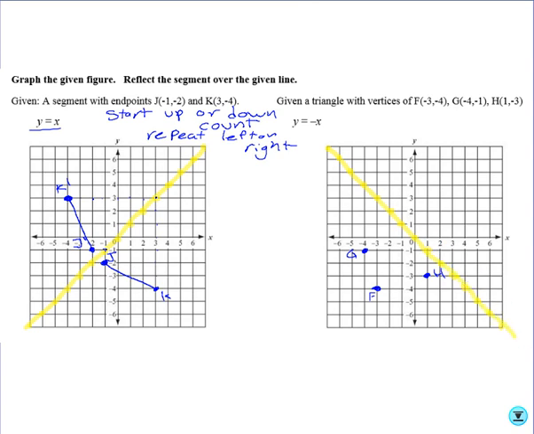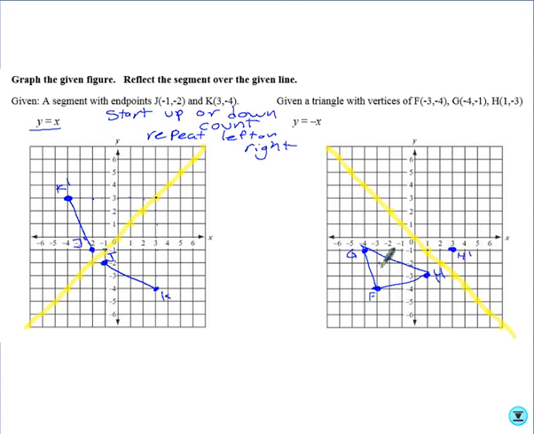All right, and so we are going to reflect our triangle over that line. Same thing, I would count up to these points, and now we're going to count to the right so that we can reflect over this line. H is 1, 2 points up, and then go 2 points to the right. So that becomes H prime.